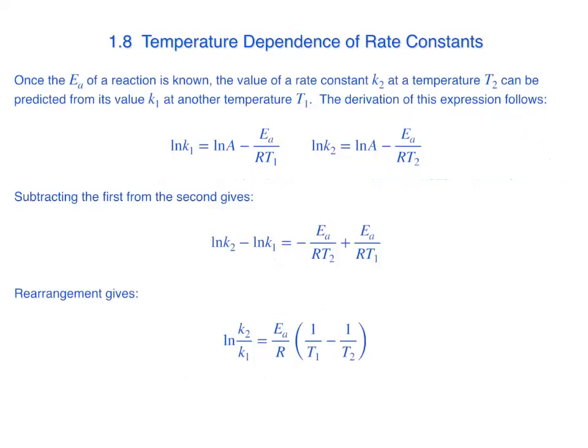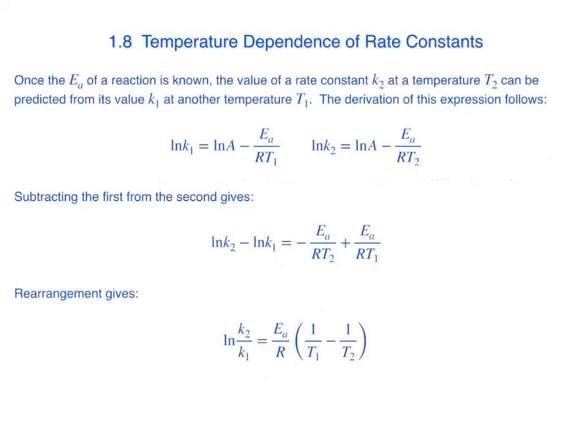Now, once you know the activation energy of a reaction, you can take a rate constant at a particular temperature and predict how that rate constant will vary as the temperature is changed. And so a very useful and common expression is shown here, and I'll quickly go through the derivation of it.